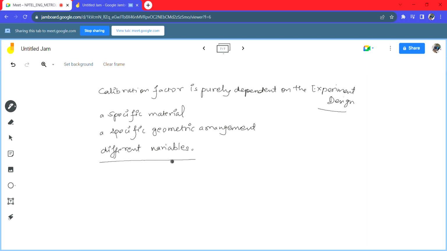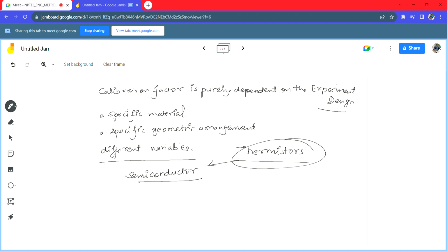So for thermistors, the material of our choice is semiconductor material. And with this semiconductor coming into the picture, we have a negative temperature coefficient.